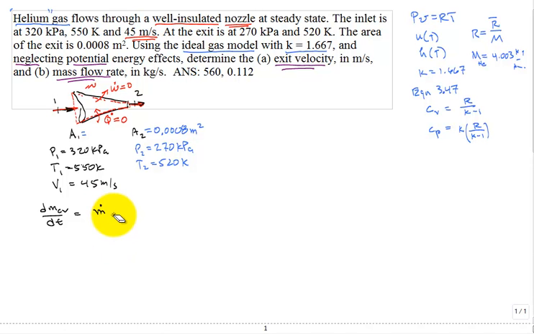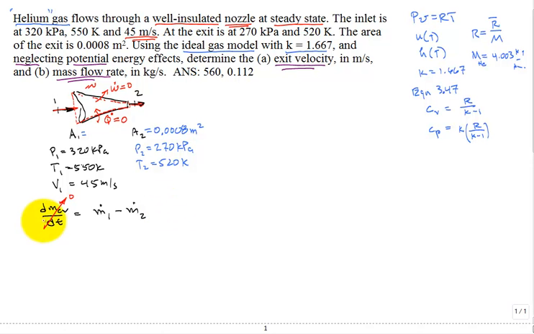And for this problem, the only inflow is state 1, mdot 1 coming in, minus mdot 2 going out. So one inflow, one outflow. It's steady state, hence there's no accumulation or depletion of mass in the control volume. And so we find from the mass balance that mdot 1 is equal to mdot 2. We just forget the subscripts. We just say there's one mass flow rate through the whole system and it's constant.